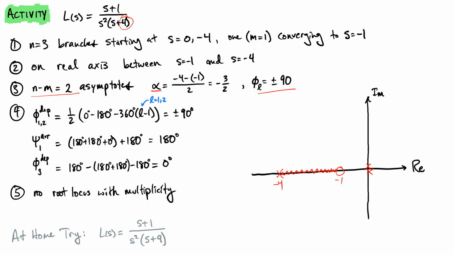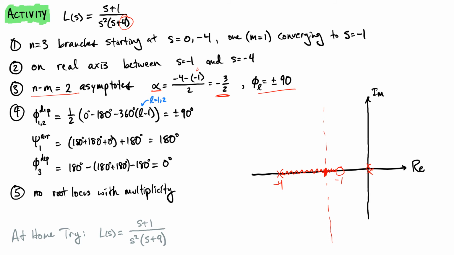It's going to be minus 4 minus the sum of the zeros here, which is minus 1. So that gives us a different value. What was minus 11 halves before is now a minus 3 halves. And so that means our asymptotes are just going to be a little bit beyond our 0 here. And so they're at plus or minus 90. So this is where alpha is.